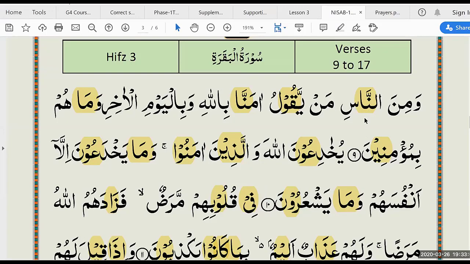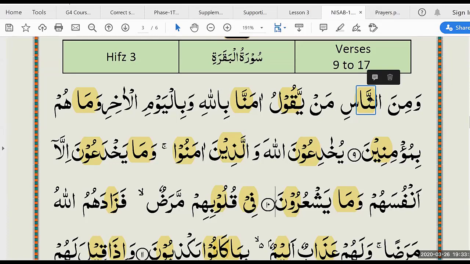I would first like to ask you, all the highlighted bits here, for example, what rule do you think applies on the noon here? Shad. Do you know what this sign is on top of the noon? It's called shadda, tashdid. And when you have shadda or tashdid, what do you do with the letter?